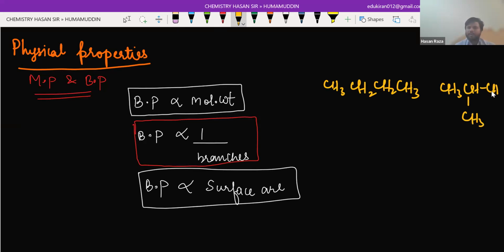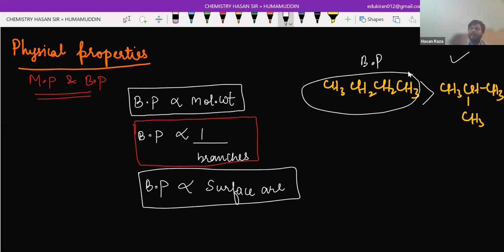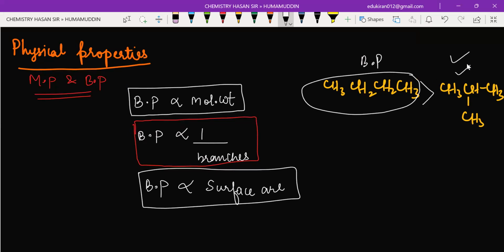So see, both of them have the same molecular weight. So this will have more boiling point than this because there is no branch and it will have more surface area than this. Is that clear? Yes, sir. So this is how we compare the boiling point and the melting point.